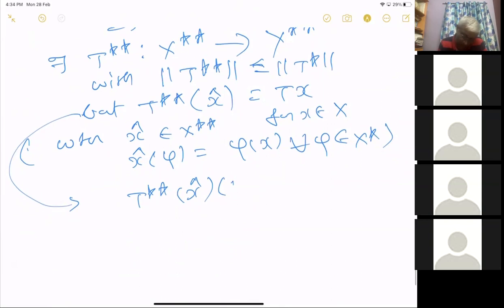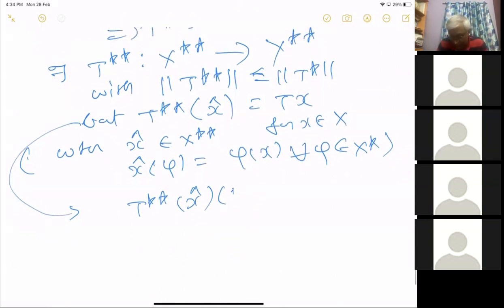This phi is T x hat acting on some, maybe I should use chi, where chi is in Y star, which is equal to chi acting on, here I should get the T star of x hat, right?